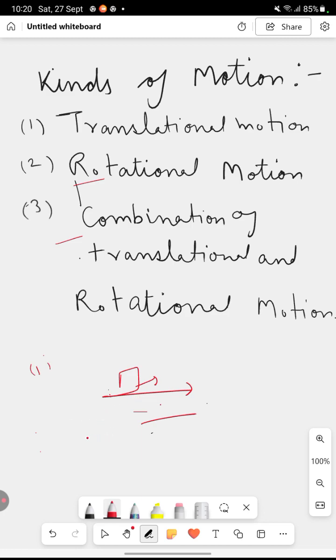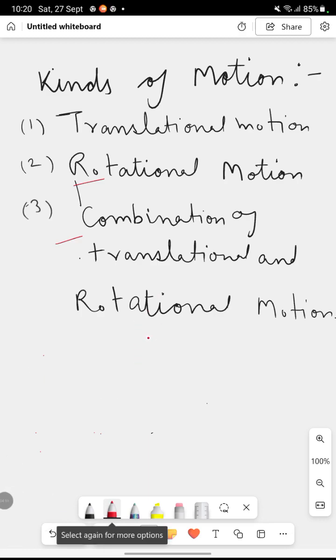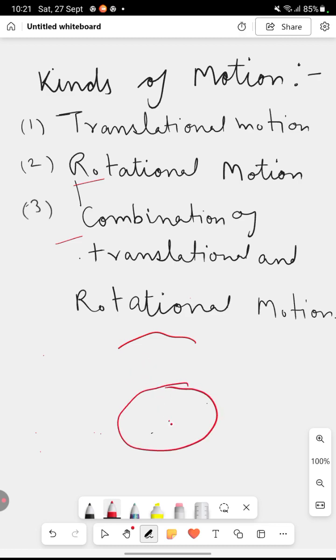Now rotational motion. We have a body, and there are so many particles in this body. Let's consider this particle is showing this motion.